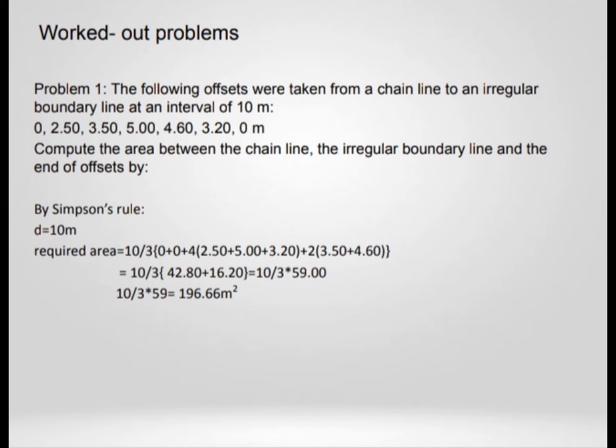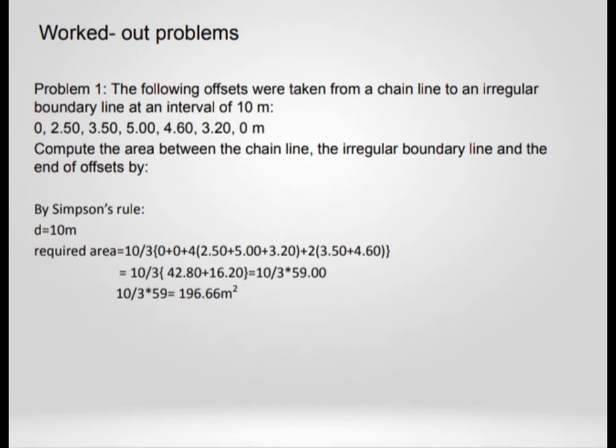So is equal to 10 over 3, open parentheses, 42.80 plus 16.20, close parentheses, is equal to 10 over 3 times 59. So the total is 59. We have already the result, which is 59.00.